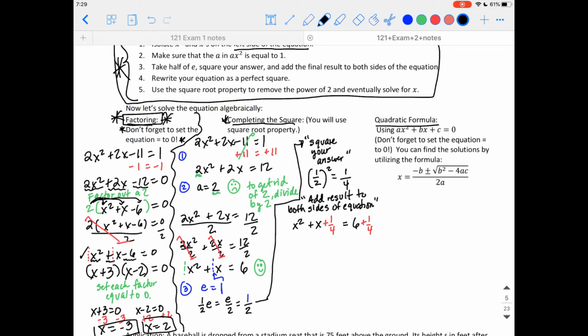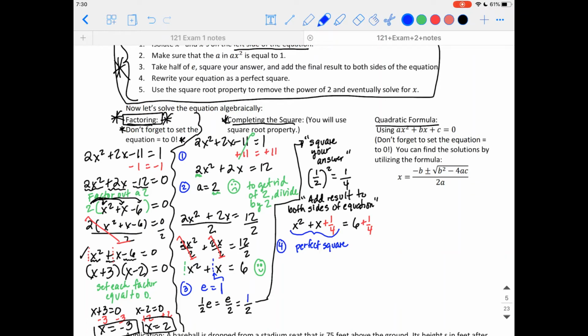All right, step 4. Step 4 says to rewrite your equation as a perfect square. If you did this right, here is a perfect square. And you need to go back to your previous notes.